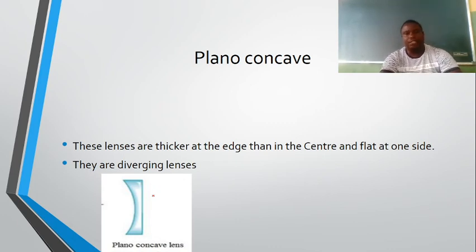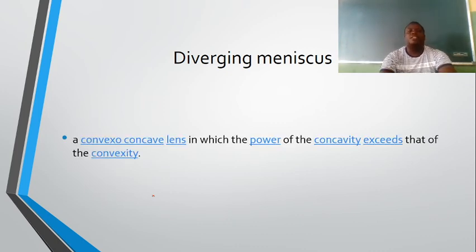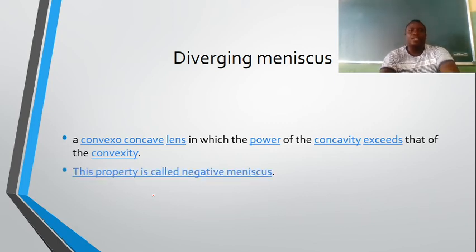You will see it in the next lesson how they refract, right. So diverging meniscus are convex-concave lens in which the power of the concavity exceeds the convexity. You see, this property is called the negative meniscus.